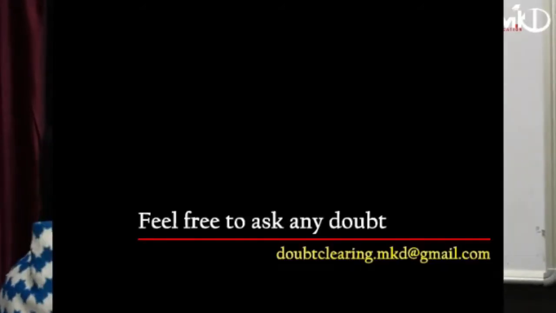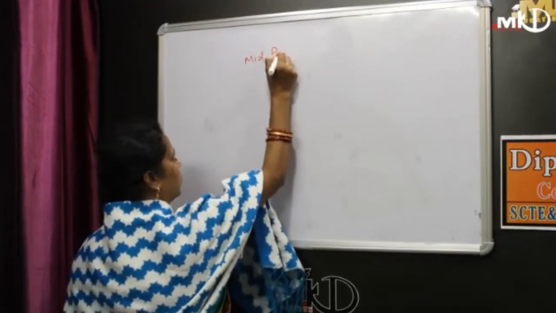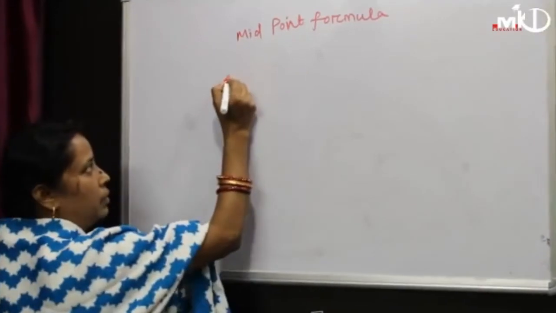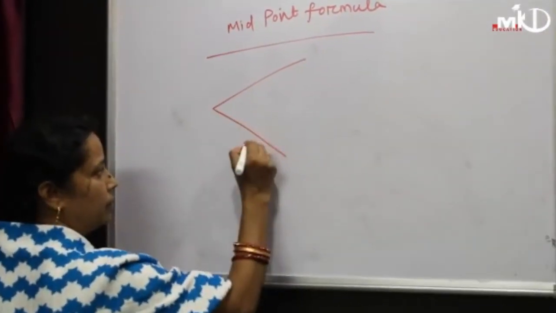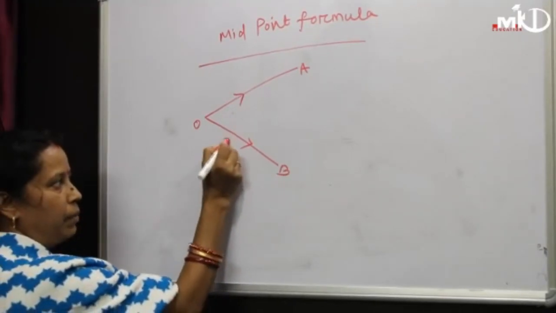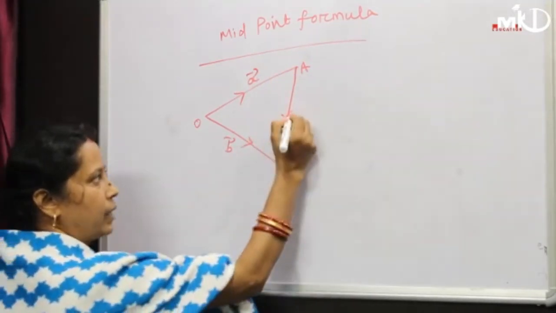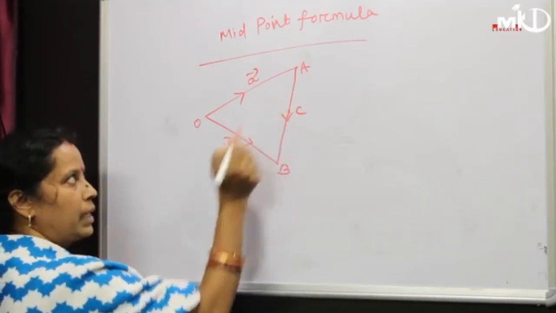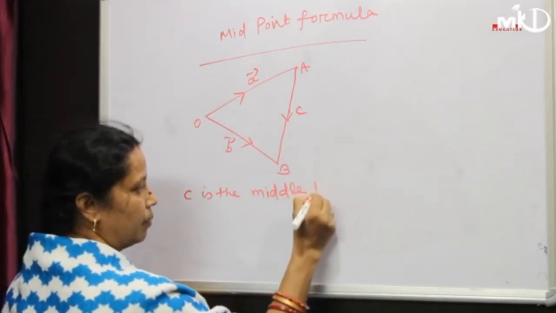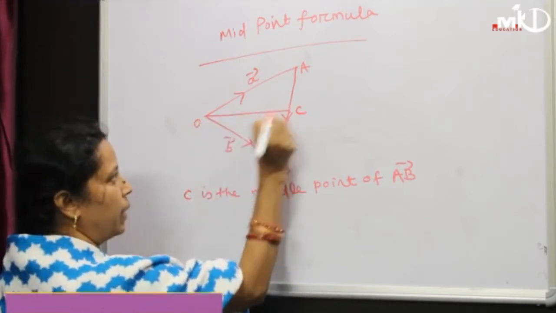Whenever we have OB as B bar and OA as A bar, with the vector AB and C the middle point of the vector AB, then what is the position vector of C?